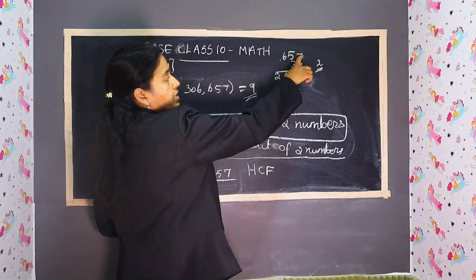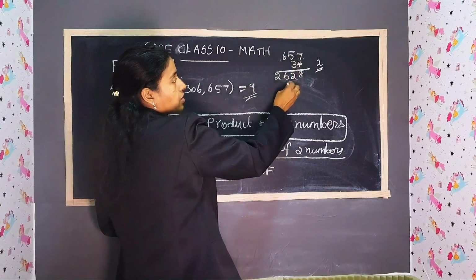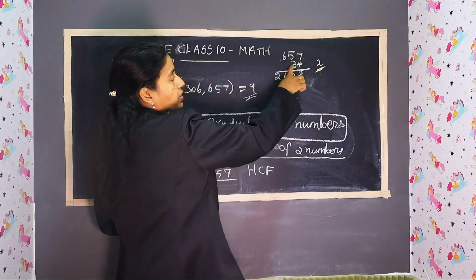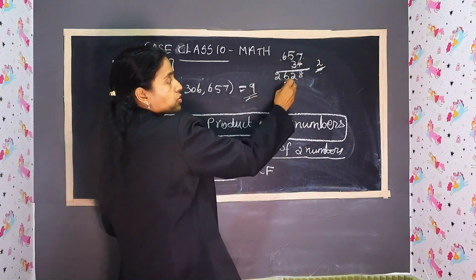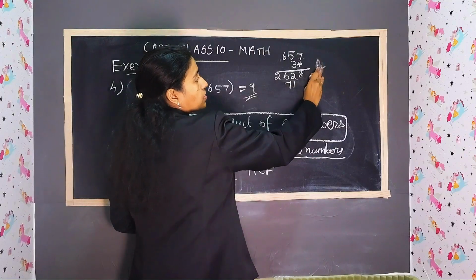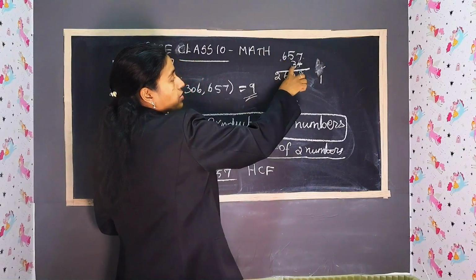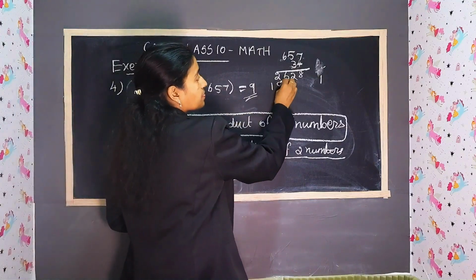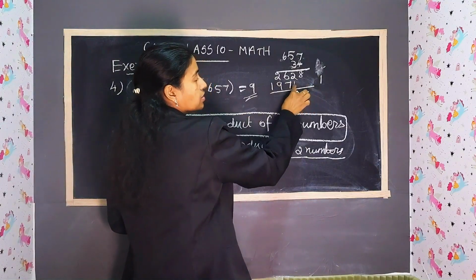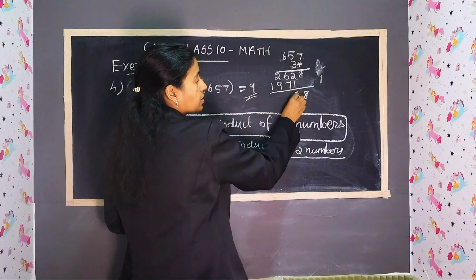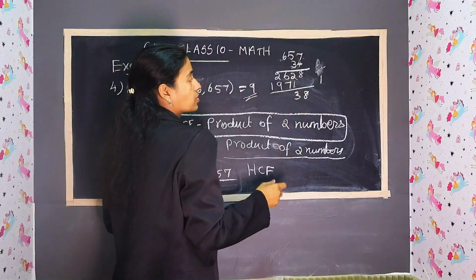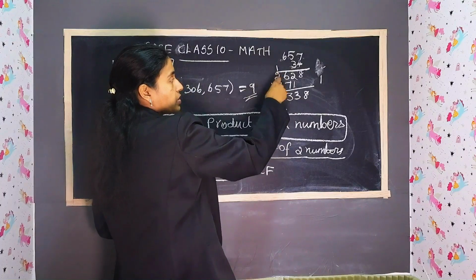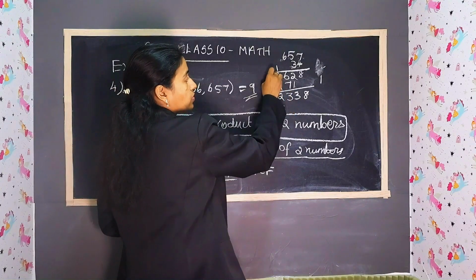This 3. 7 3s are 21. Remaining 2. 5 3s are 15. 15 plus 2, 17. Remaining 1. And 6 3s are 18. 18 plus 1, 19. 8. 2 plus 1, 3. 6 plus 7, 13. So 1 would be here. 10 plus 2, 12.